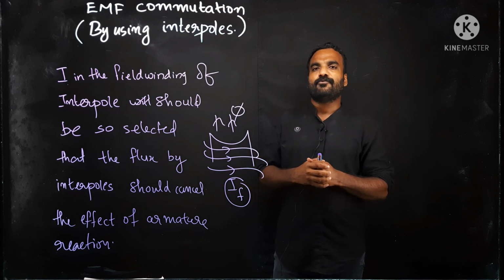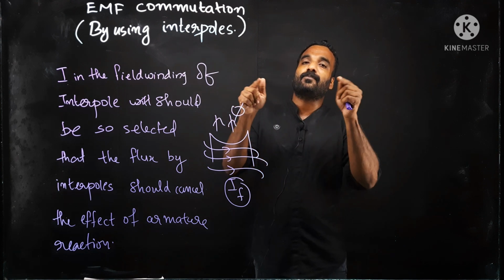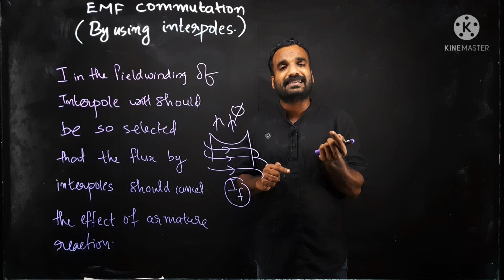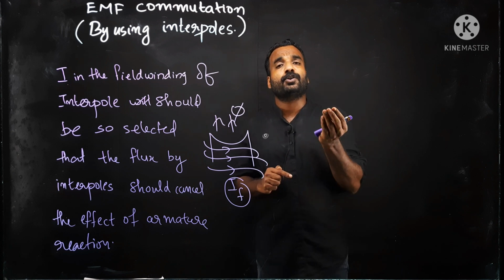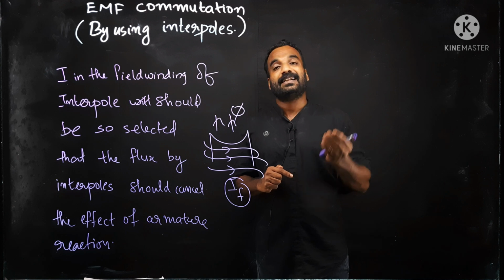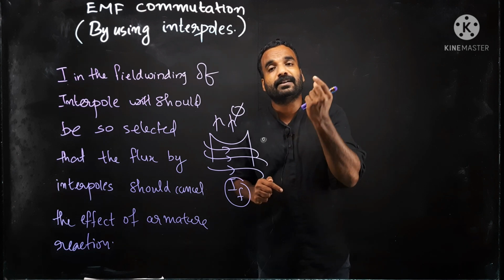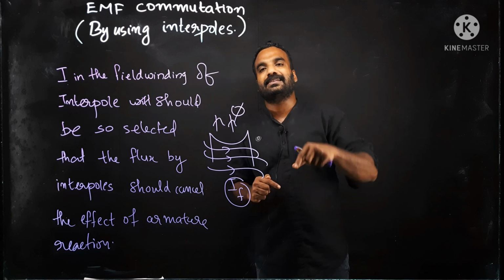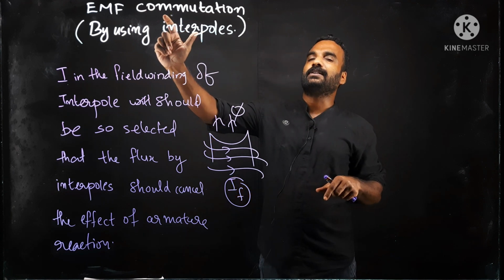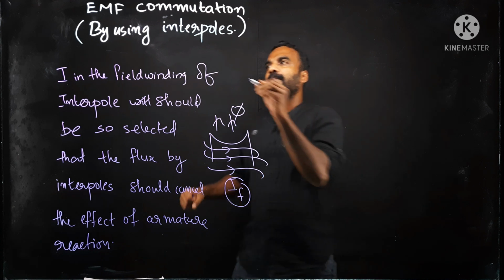So for that you have to think that you have to cancel some voltage, or some EMF, or you want to neutralize some EMF. Inside a generator there is some extra EMF that we didn't require. So you want to cancel that. For that we are using a new method known as EMF commutation.